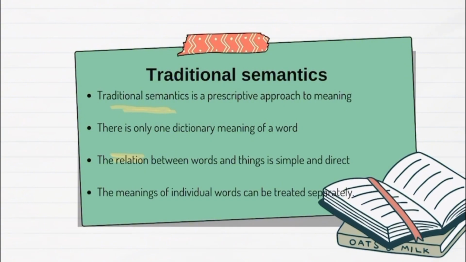According to this approach, there is only one dictionary meaning of a word, but this is a false assumption. Semantics ignores many aspects of meaning apart from the meanings of words, such as the function of meaningful phonological features, the meaning of the grammatical structure, and the significance of the communicative context.